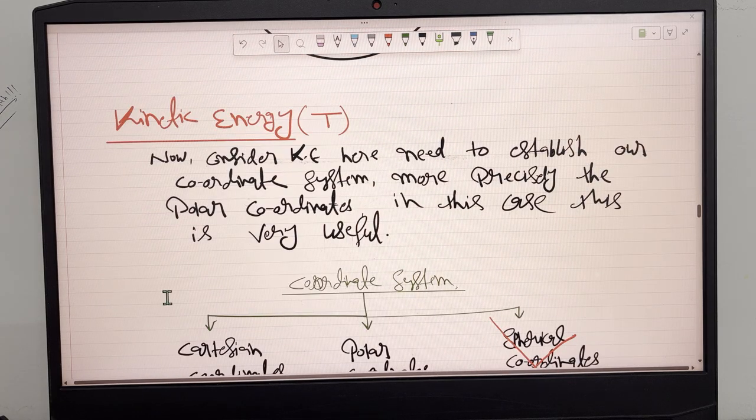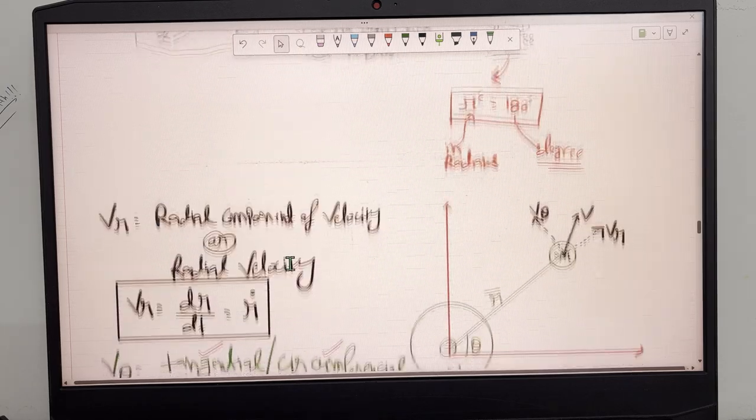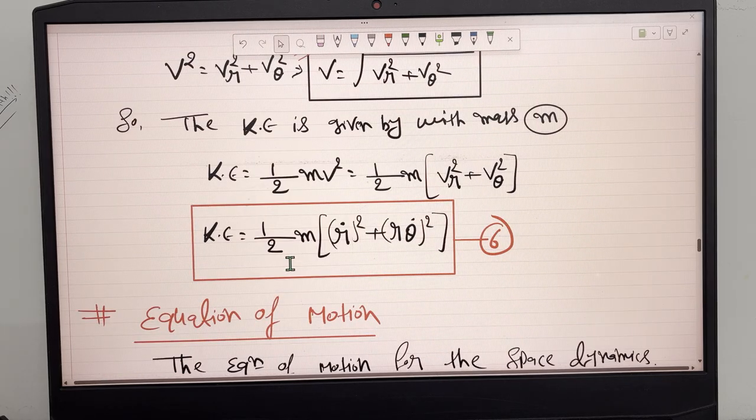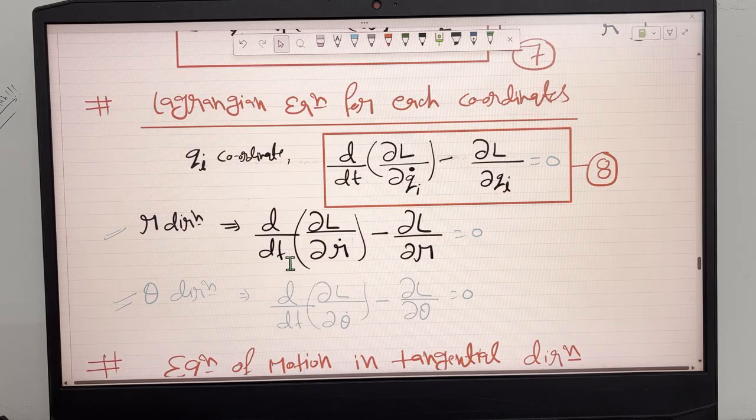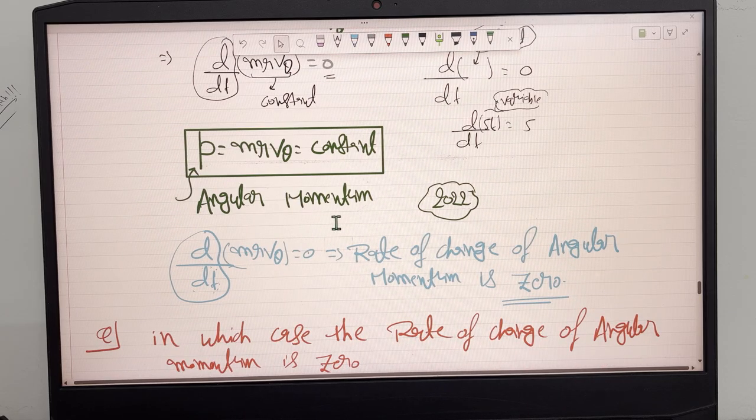So I have told you everything over here very neatly. Then we have done kinetic energy, equation of motion, Lagrangian function equations, then angular momentum constant, rate of change of angular momentum 0, everything.